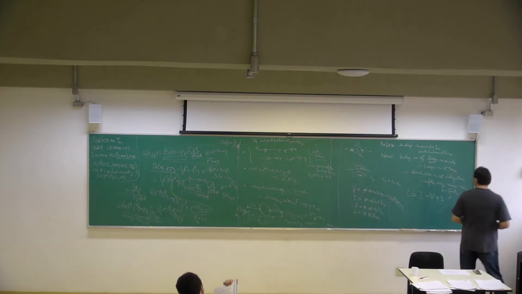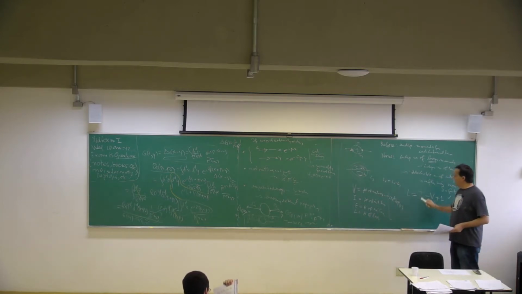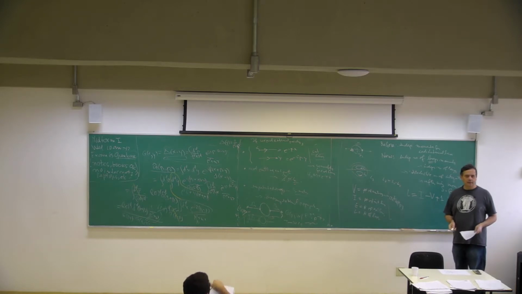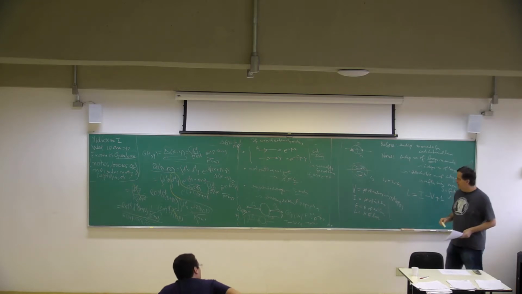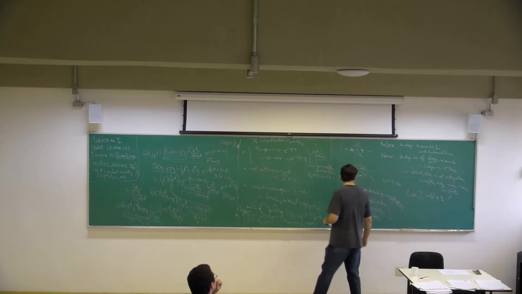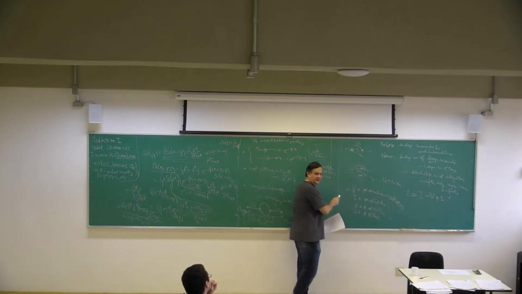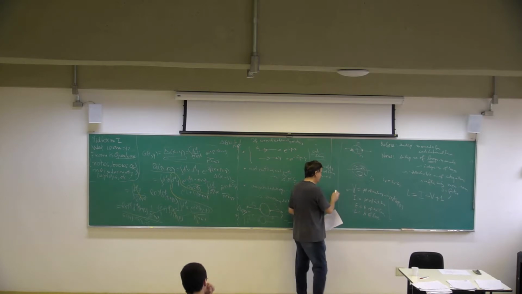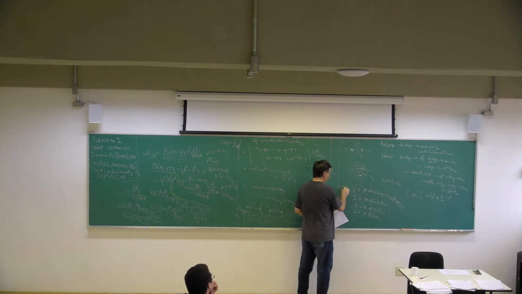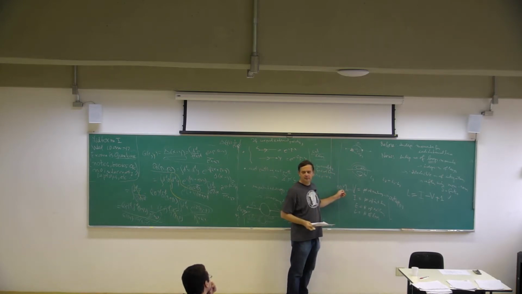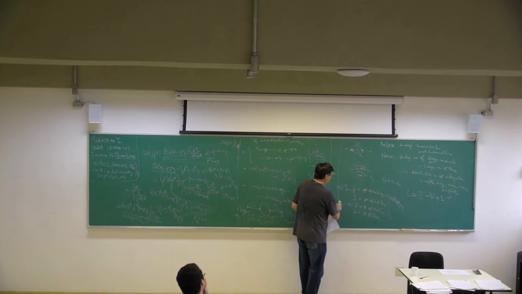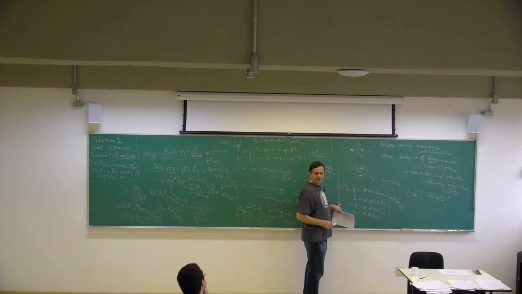However, this contains the number of internal lines, and that's not something that's defined from the outside. From the outside, I define what? Well, I define the number of vertices, right? Because that's the order I'm looking at. I'm looking at order lambda to the V, which means I have V vertices. And I define the number of external lines, which amounts to the order of the n-point function.